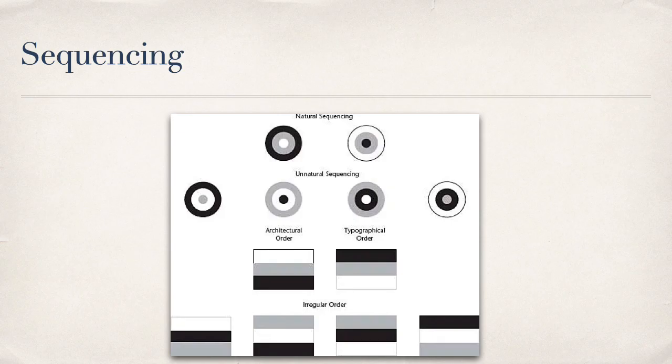With unnatural sequencing, we have, for example, black, white, and gray, or gray, black, and white. Then you have architectural order, which is white, gray, black, and typographical order, which is the inverted version, black, gray, white. Then you have irregular orders, where the sequences are irregular and not in their natural order.